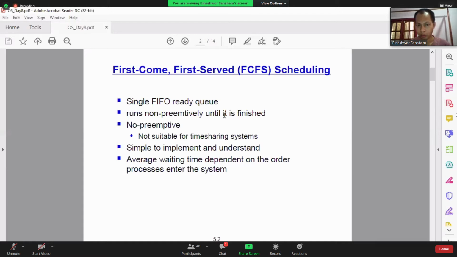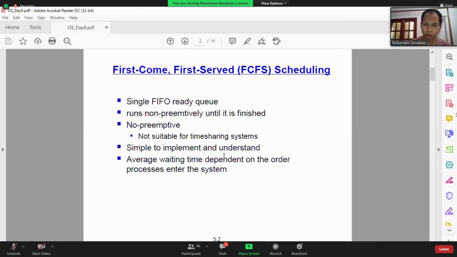Here, it's going to be non-preemptive until it is finished. As I mentioned before, in non-preemptive, once the CPU is given to a particular process, the CPU won't be available to another process until completion. So first in first out is going to be the non-preemptive type, where you cannot interrupt once the CPU is given to a process.